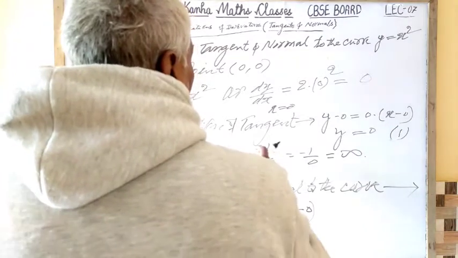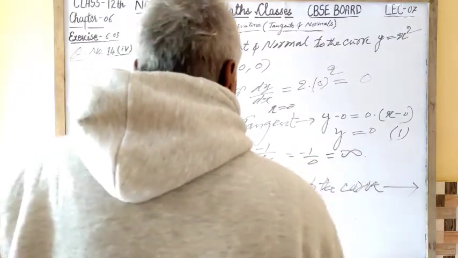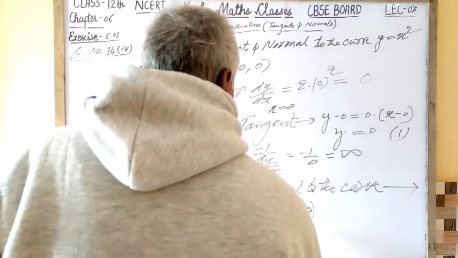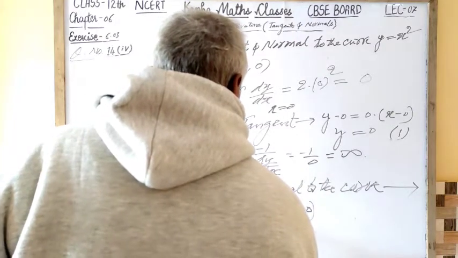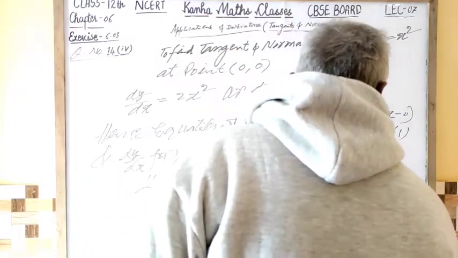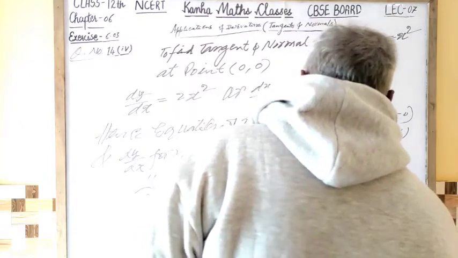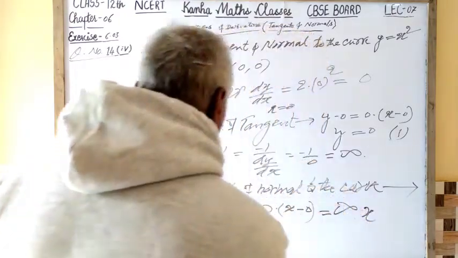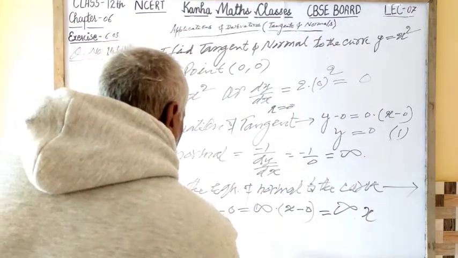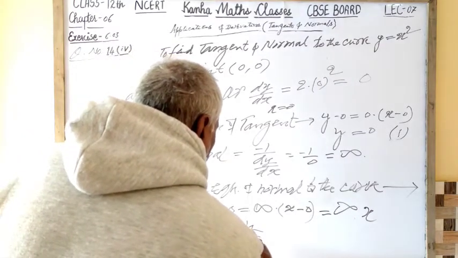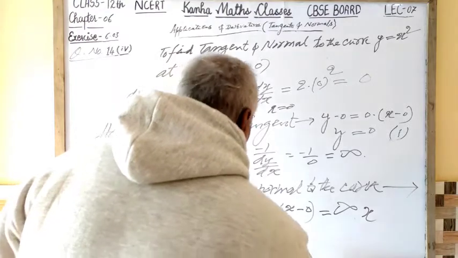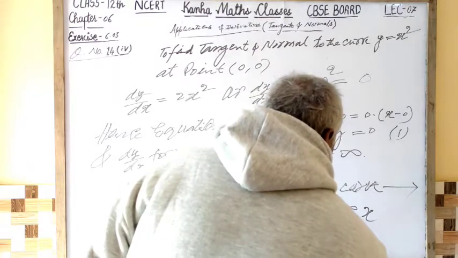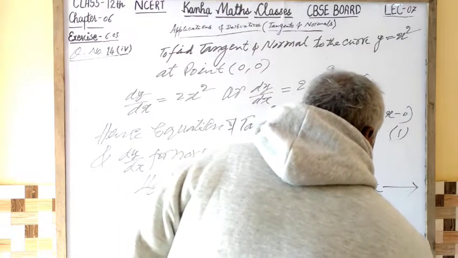Here we see minus 1 upon dy by dx is infinity. So y equals infinity into x, or x is equal to y upon infinity, which means 0, or x is equal to 0. This is the equation of normal.